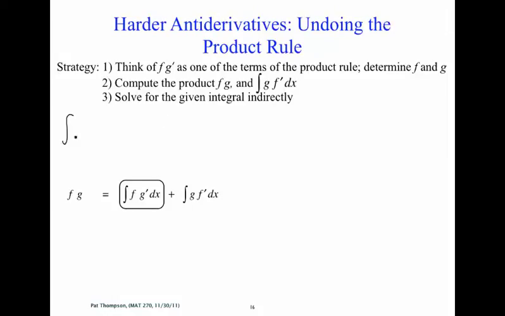We have x squared e to the 3x. So now we're going to think, okay, it's a product of two things. Maybe this is one term of a product rule. That would mean there would be an f and a g prime.